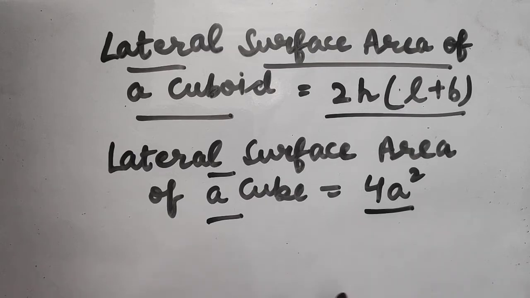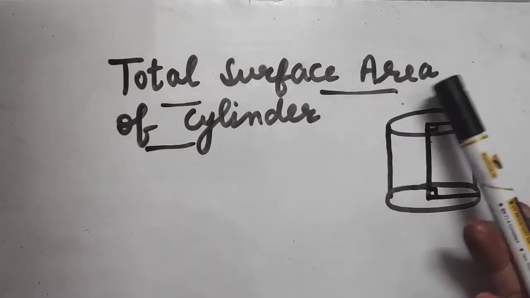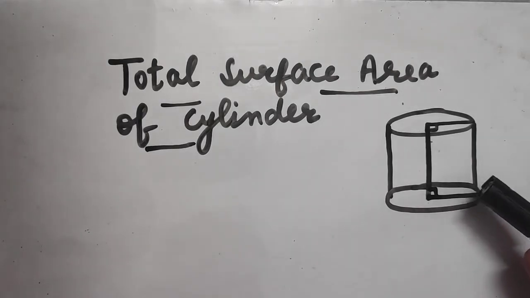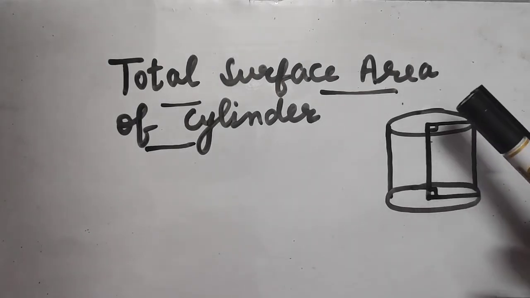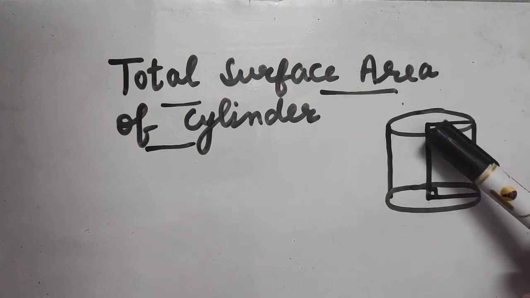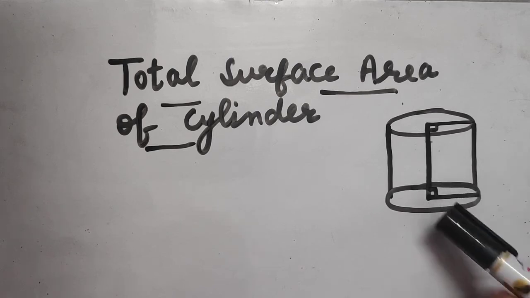So let us talk about now volume and capacity. Before moving to the concept of volume, we need to discuss total surface area of cylinder and curved surface area of cylinder. This cylinder has congruent circular faces that are parallel to each other, and the line segment joining the center of circular faces is perpendicular to the base.